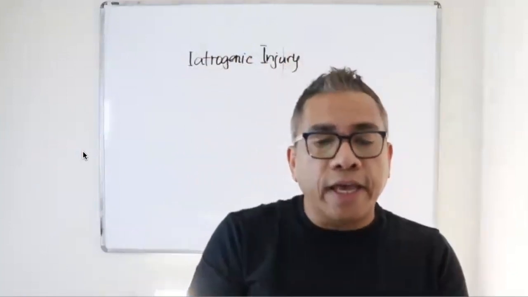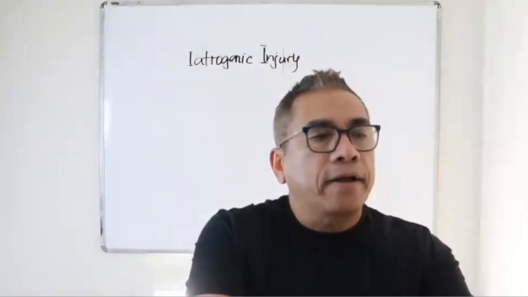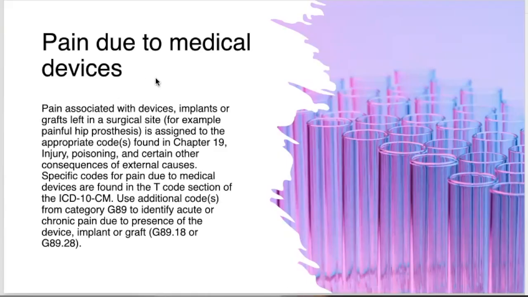This is what we're going to talk about, and I think that's the last part of the injury chapter: pain due to medical devices. Let's read. Pain associated with devices, implants, or grafts left in a surgical site, for example, painful hip prosthesis, is assigned to the appropriate code found in Chapter 19, injury, poisoning, and certain other consequences of external causes.